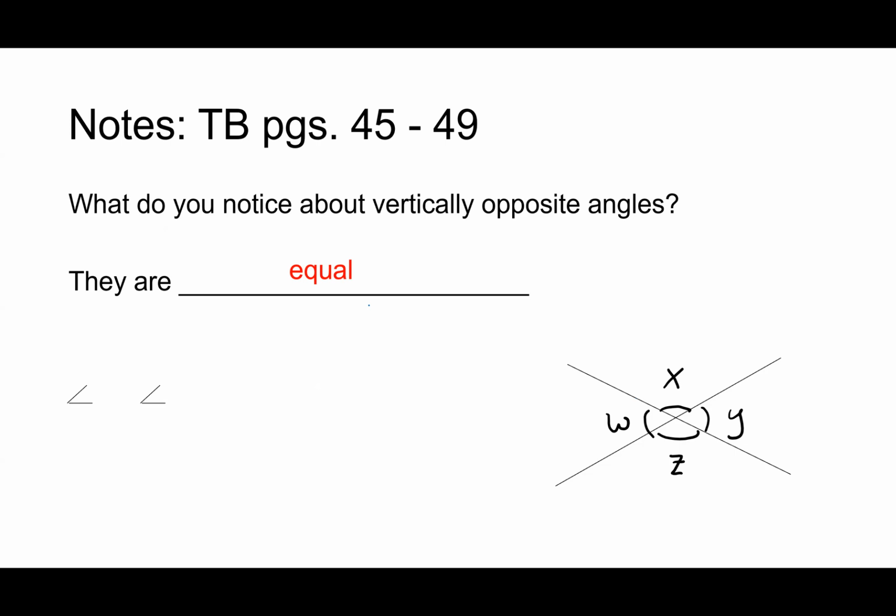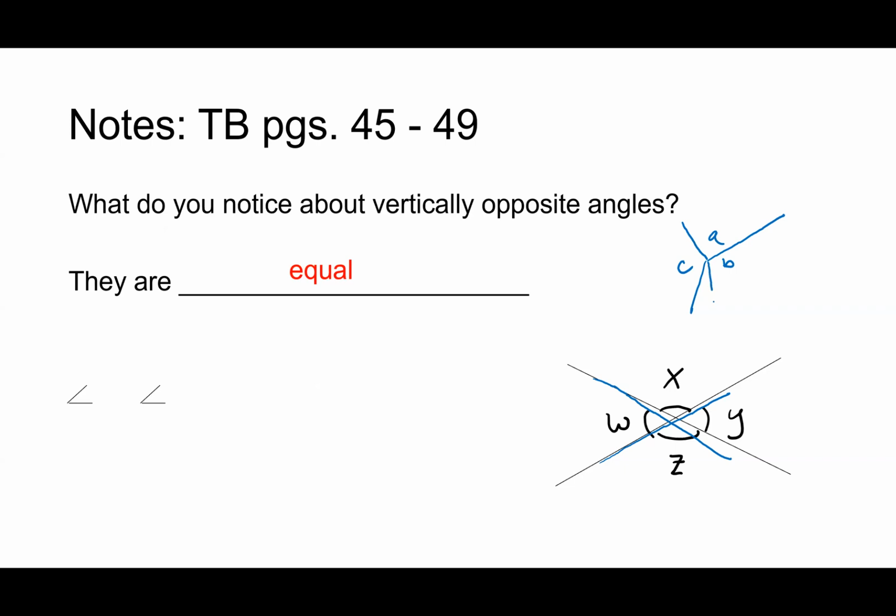So the thing about vertically opposite angles is they are angles that are opposite each other when two straight lines intersect. So you can't have, let's say we've got a line like that, and we've got a line like that, and we've got a line like that. Let's say this is equal to A, B, and C. Do I have any vertically opposite angles?